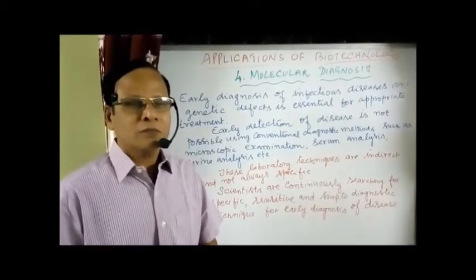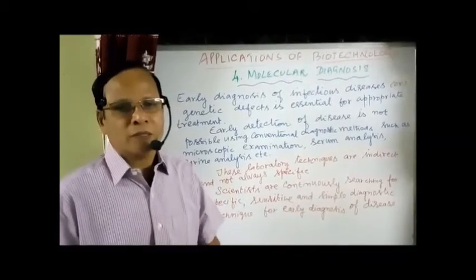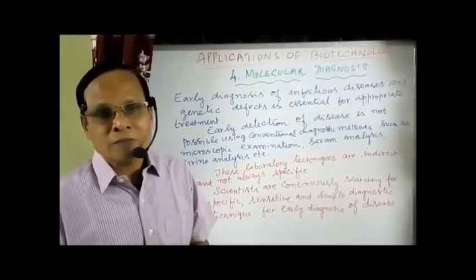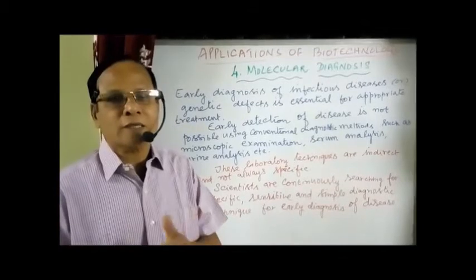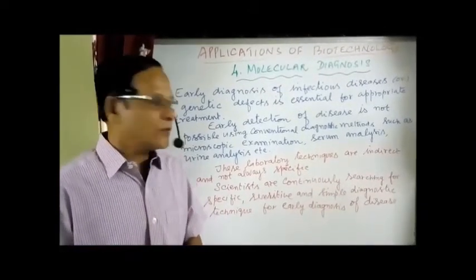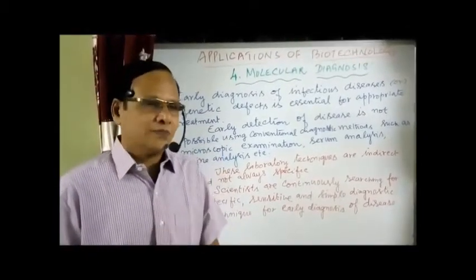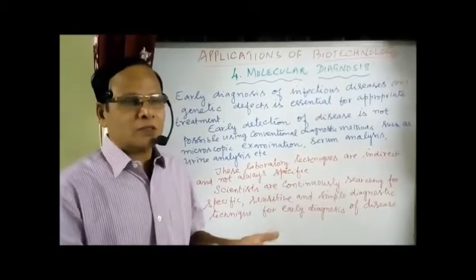That's why scientists are searching for specific, sensitive and simple diagnostic techniques for diagnosing diseases. They have found a number of methods, three of which are mentioned in the book.